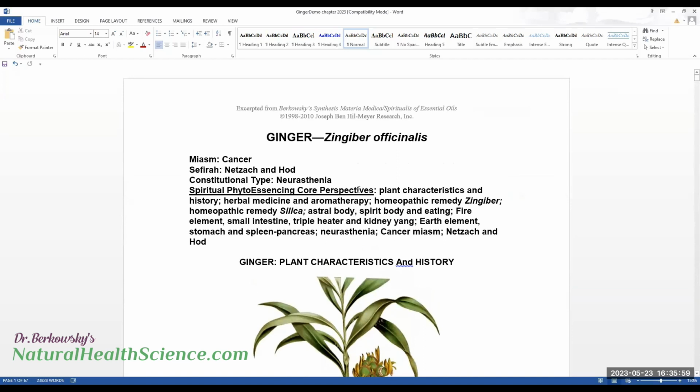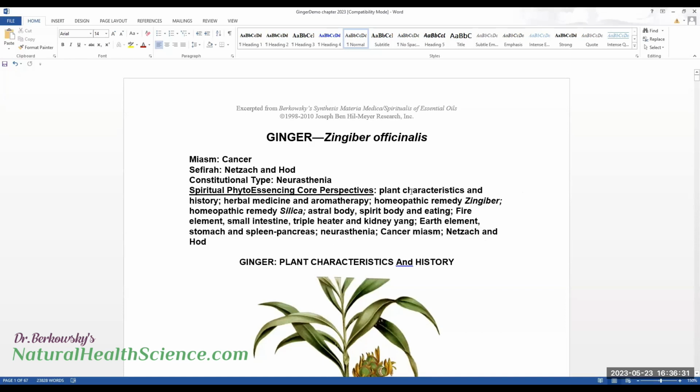It tells you it's associated with the homeopathic remedy silica, an astral body, a spirit body, fire element association, earth element, triple heater, small intestine, stomach and spleen, pancreas, cancer miasm, Netzach and Hod, and so on and so forth. All of these things are building one on another. They're not just separate entities in the chapter. They're basically steps along the road.